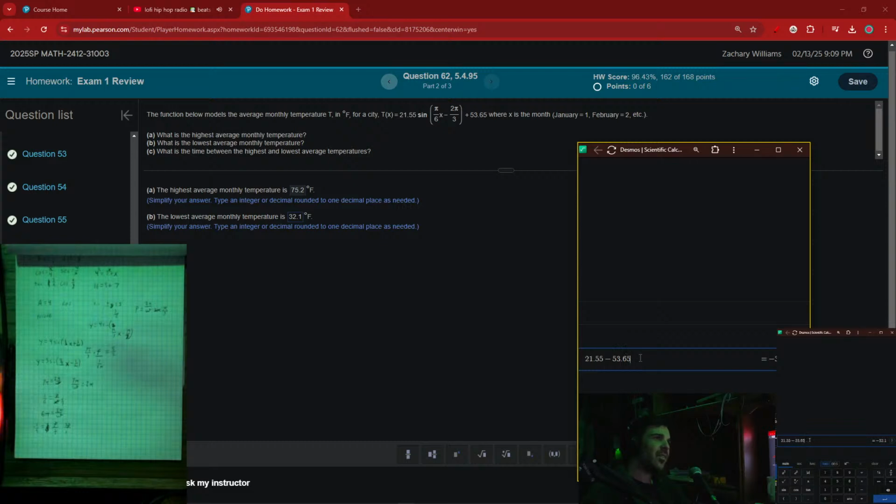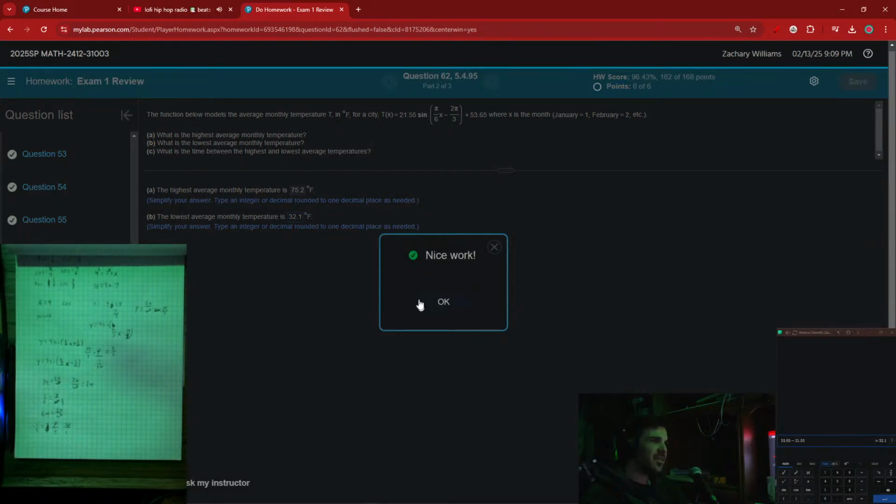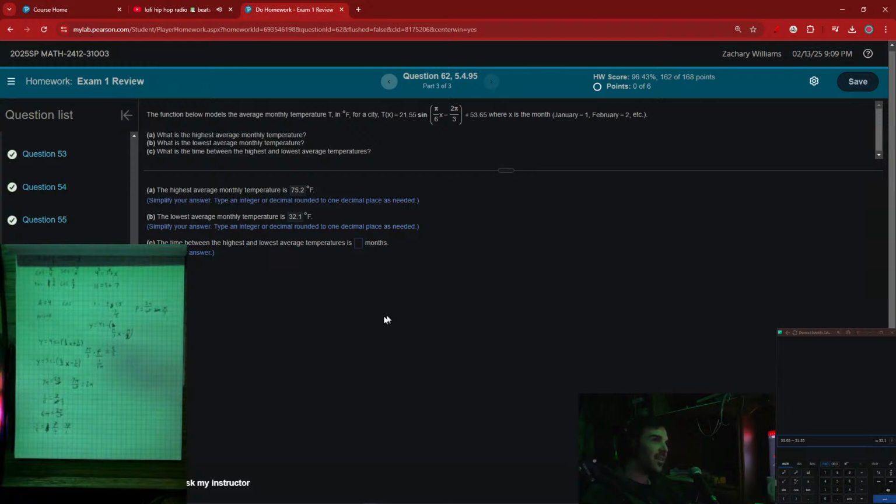No. It's the vertical shift minus the amplitude. Pretty sure that's the same thing somehow. Oh, good. Yeah. Okay. I don't know how that works, but we'll figure it out.